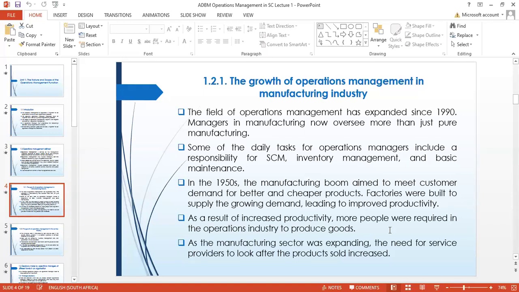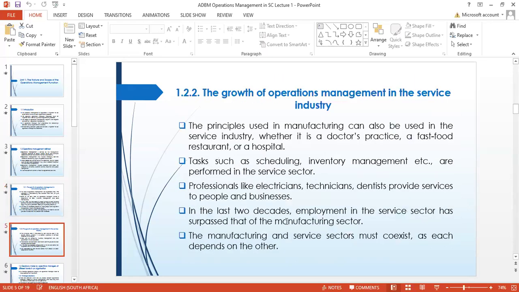From the manufacturing industry, let's have a look at the growth of operations management in the service sector. Some principles that are used in the manufacturing industries can also be used in the service sector. When we're talking of the service sector, we're talking of those businesses that provide services to customers.